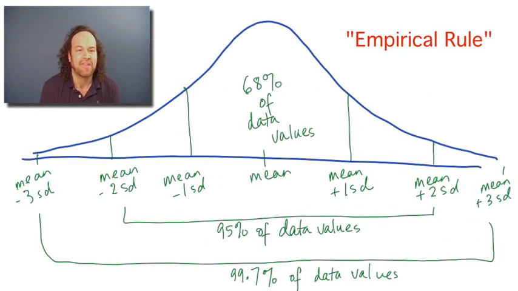As a final note, I want to mention that the central limit theorem provides an explanation for that empirical rule that Allison taught us about earlier. Remember that she said that with a lot of data, it has this neat property that about 68% of it is within one standard deviation of the mean, about 95% of it is within two standard deviations of the mean, and about 99.7% of it is within 3 standard deviations of the mean.